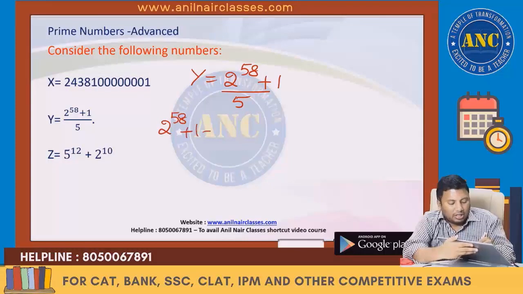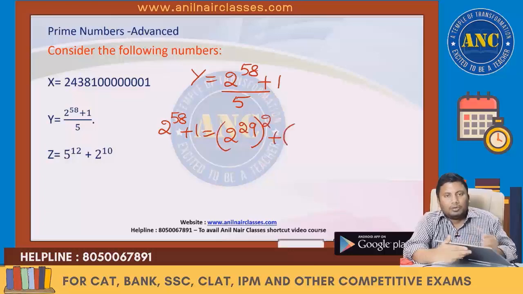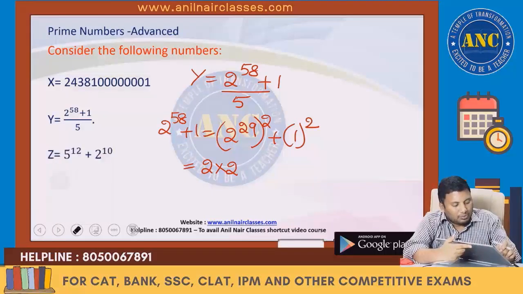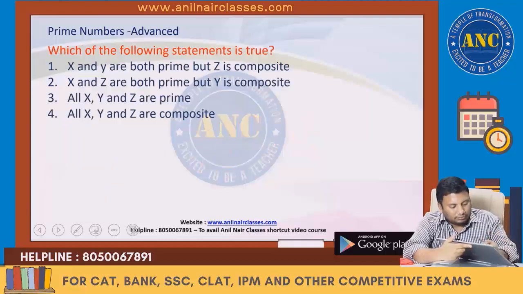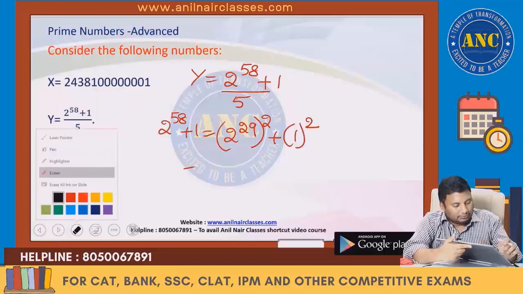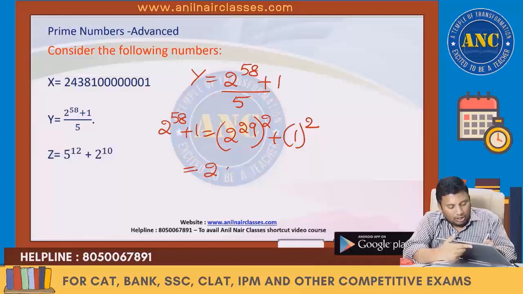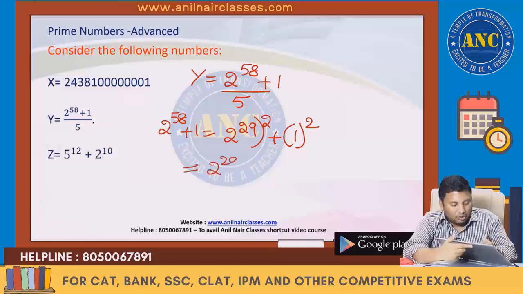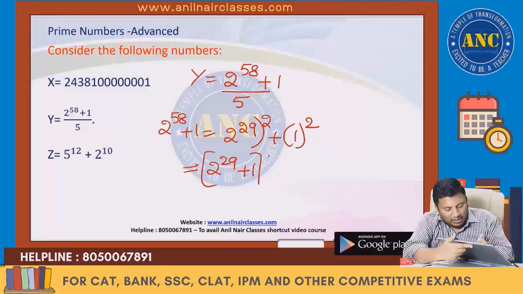This is nothing but (2^29)^2 + 1^2. Using a^2 + b^2 = (a + b)^2 - 2ab, this is (a + b) whole square minus 2ab, where a is 2^29 and b is 1.